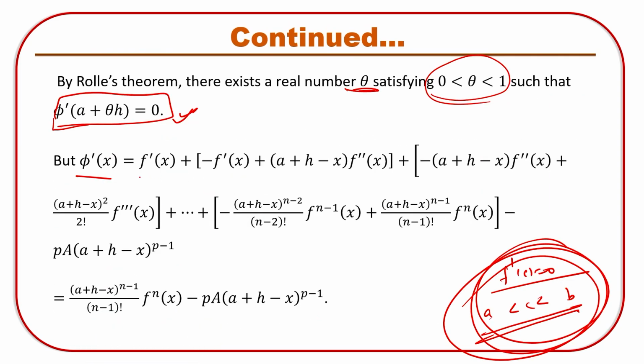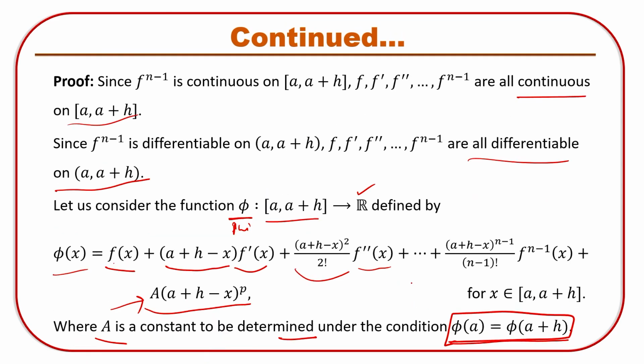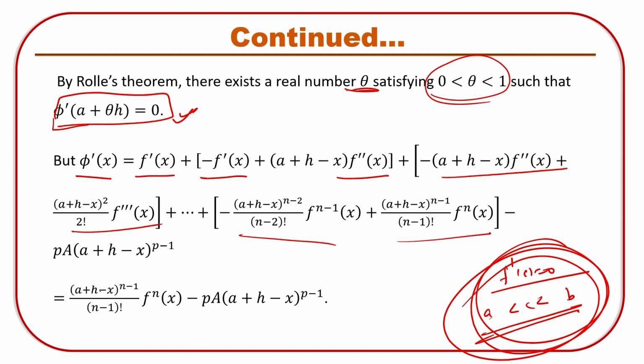So, phi dash of x becomes f dash of x minus f dash of x, plus (a plus h minus x) f double dash of x and so on, right. And the last term, that was A into (a plus h minus x) power p, that will become p into (a plus h minus x) power p minus 1, right.